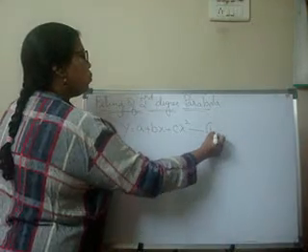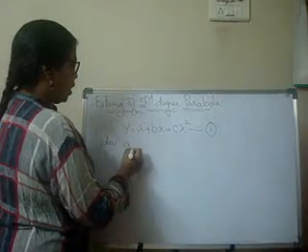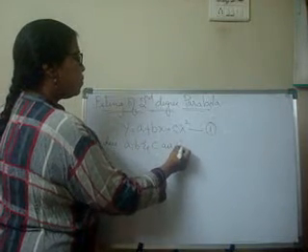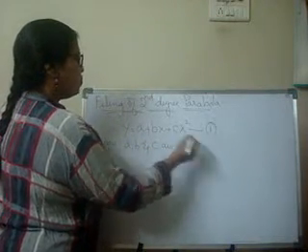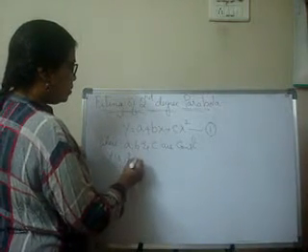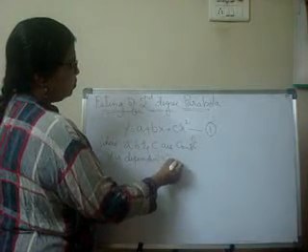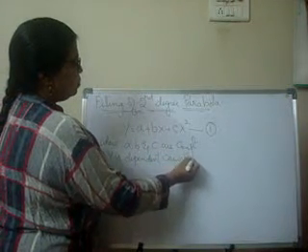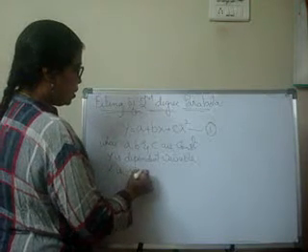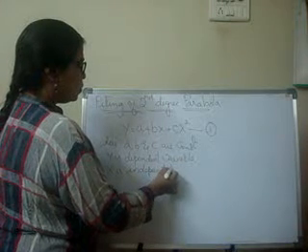This is equation 1, where a, b and c are constants, y is the dependent variable, x is the independent variable.